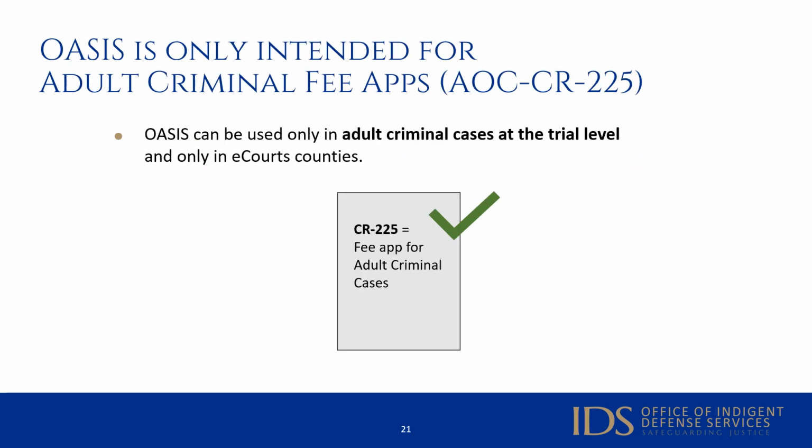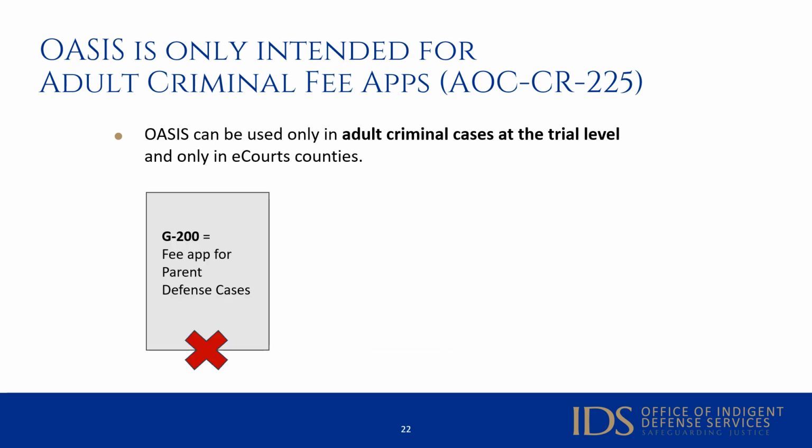Please note, Oasis can be used only in non-capital adult criminal cases at the trial level in e-courts counties. Only FIAPs submitted on the forms AOC-CR 225 can be accepted.